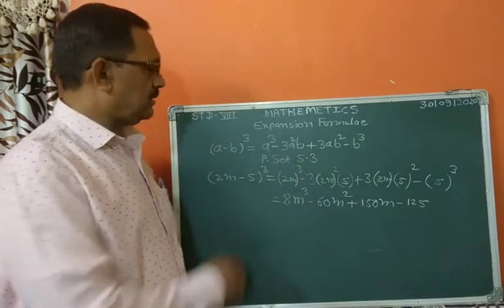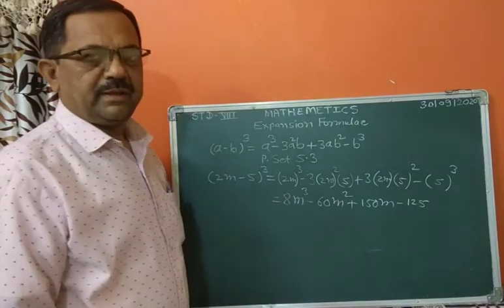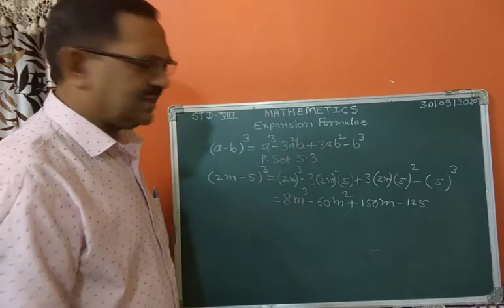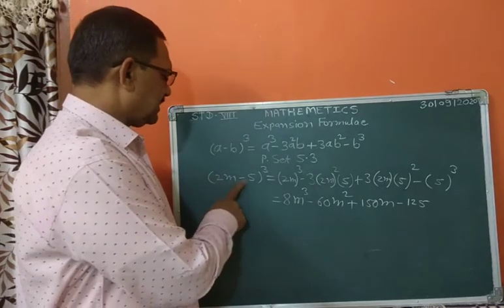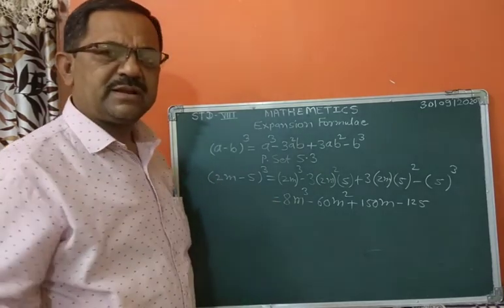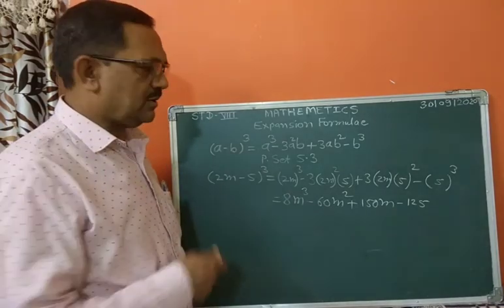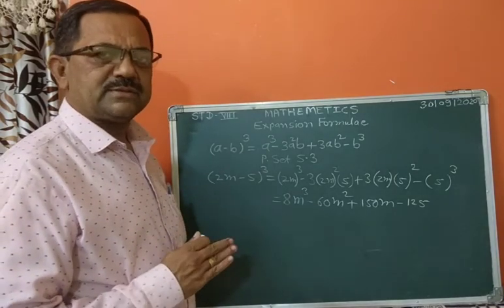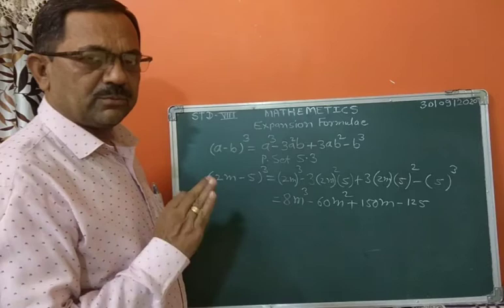In this way, you have to solve the (a minus b)³ examples. Here only the first and second term will be different for the different examples. In this way, you have to solve many examples on this type of formula.